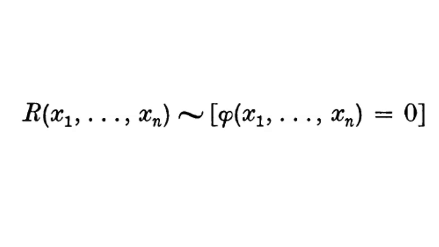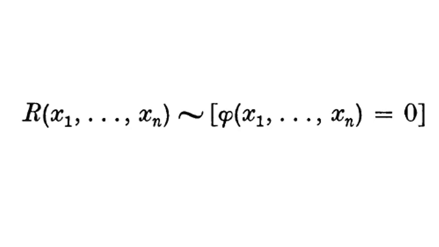So if he has a list of m natural numbers and wants to see if R holds for them or not, he will feed them as inputs to phi and see the output. If the output is 0, then R holds for those natural numbers. If the output is not 0, then the negation of R holds for those natural numbers. Essentially, some numbers are related if and only if a recursive function says they do.